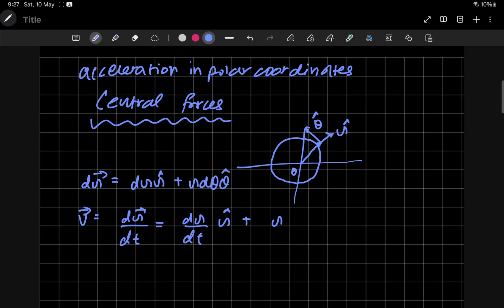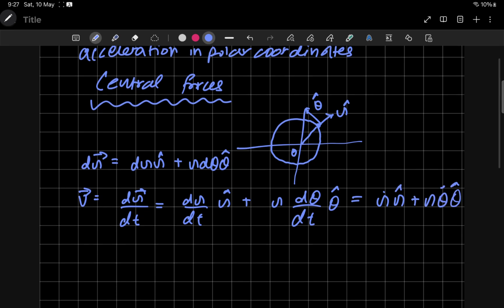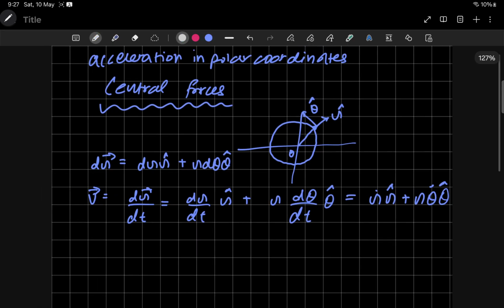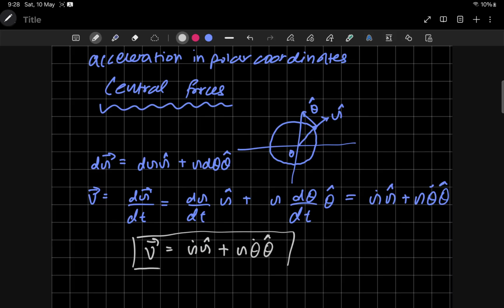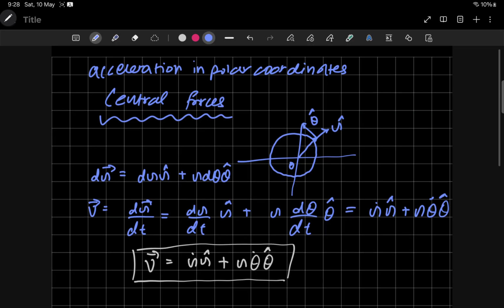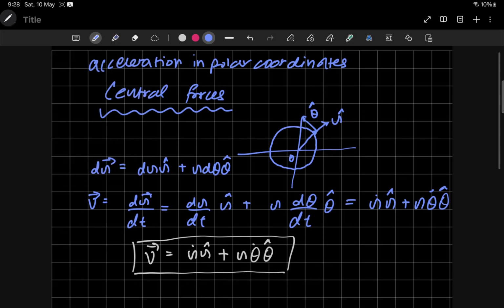The radius is again a constant, so we take it out and then differentiate. So your velocity is basically r dot r cap plus r theta dot theta cap. This is your velocity in polar coordinates.